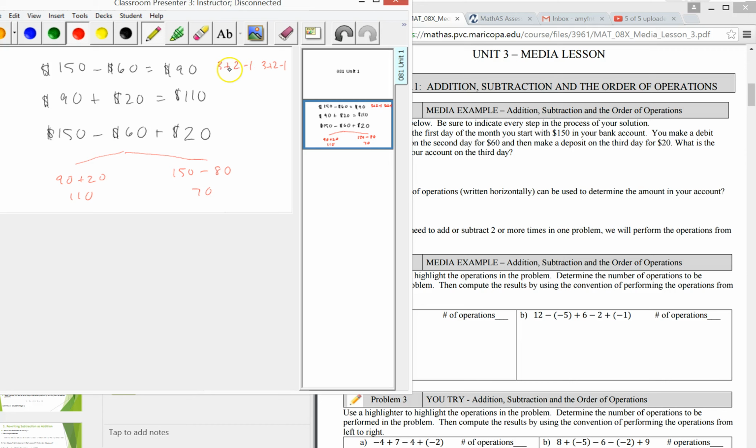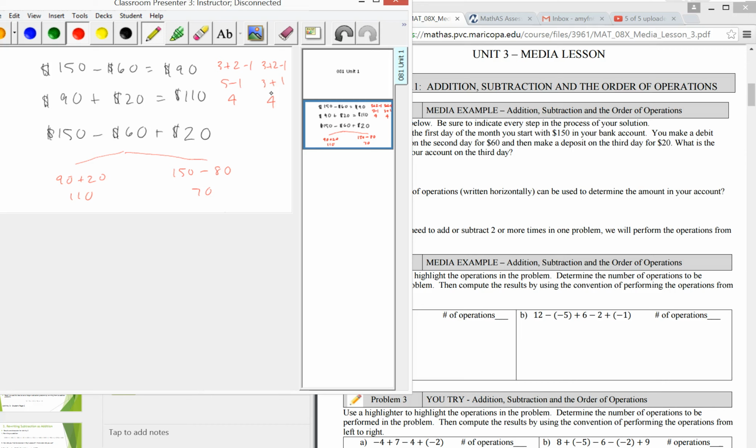Adding first is 5 minus 1, which is 4. Subtracting first is 3 plus 1, which is also 4. This is problematic because sometimes they'll do the order of operations incorrectly, still get the right answer, and not know why. They think, I'm doing everything right, and now suddenly this doesn't work.